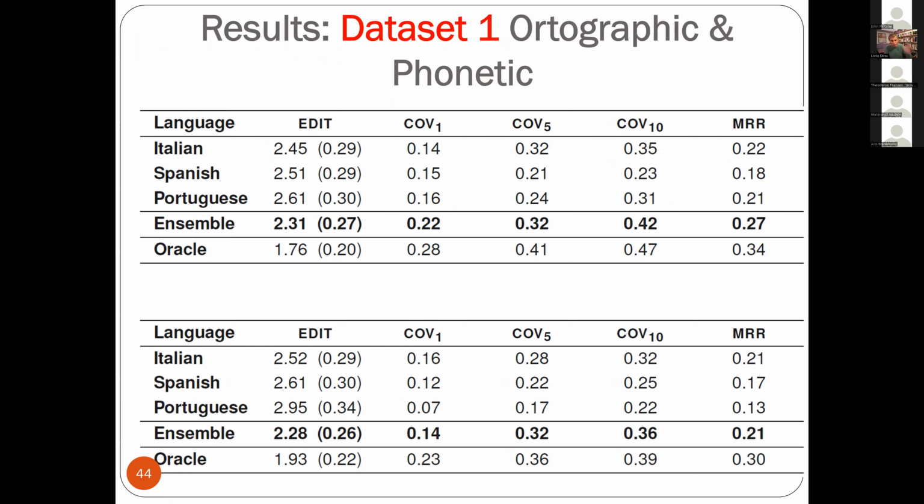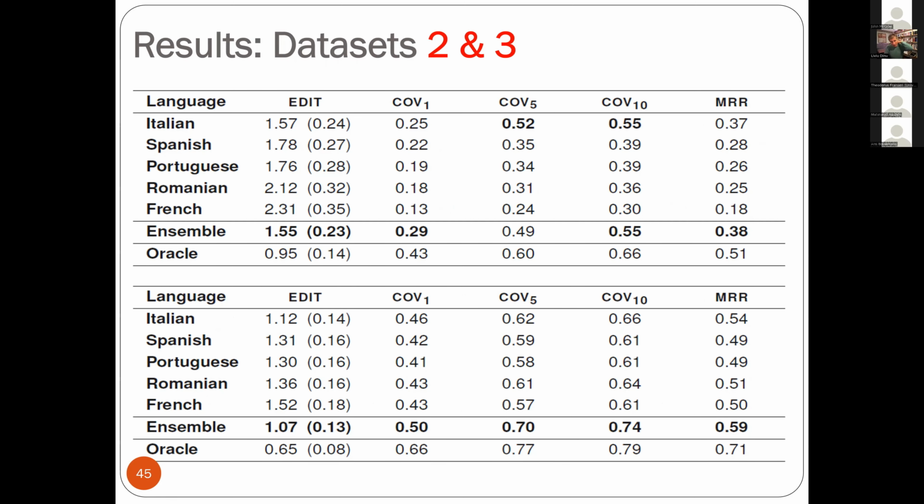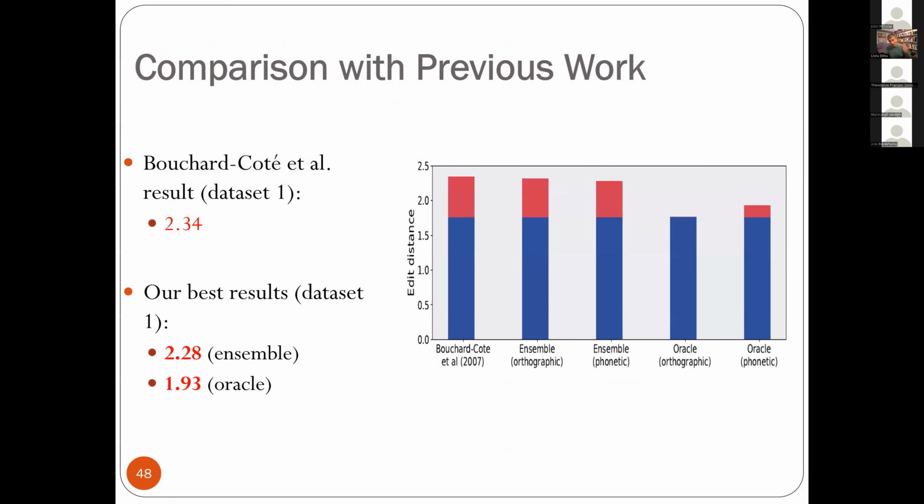for us. The results which we obtained on the database are okay. They have lower values, but we want to see if our results are better than the results obtained by Bouchard-Côté. And Bouchard-Côté obtained a 2.34 difference in terms of edit distance, because they report only the edit distance results, and our result was 2.28 in terms of edit distance.